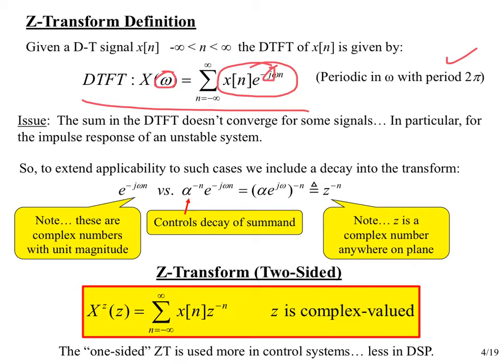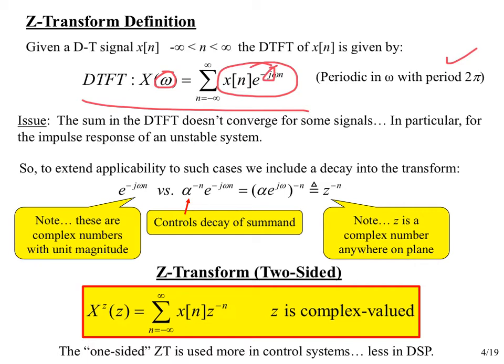If we have an absolutely summable impulse response, its DTFT will exist. If it is unstable, then the DTFT of the impulse response, which would be the frequency response, does not exist. So the DTFT does not allow us to deal with certain types of input signals, but it also does not allow us to deal with unstable systems.